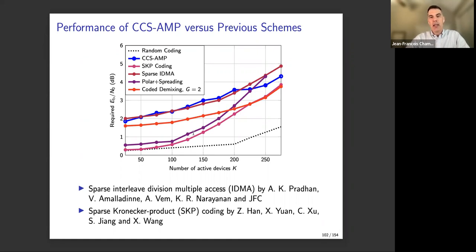So now if you look at the bottom 2 curves, you have a polar code plus spreading curve, and you also have a curve that's based on sparse Kronecker product coding. But in general, if you look at the complexity of coded demixing, it's advantageous compared to some of these competing schemes.